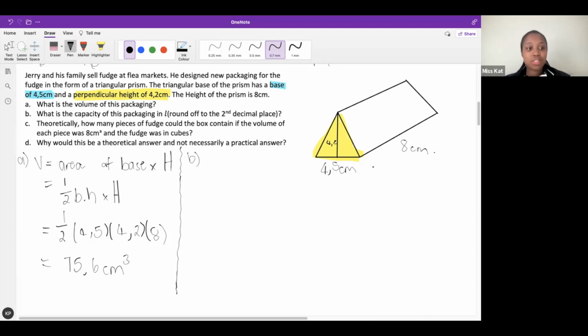Remember, 1 centimeter cubed is equal to 1 what? It's not liters. Nice, milliliters. So in this case, you first have to convert to milliliters and then to liters. Remember, we don't have a conversion that goes straight to liters. So if 1 centimeter cubed is equal to 1 milliliter, then 75,6 centimeters cubed is equal to how many milliliters?